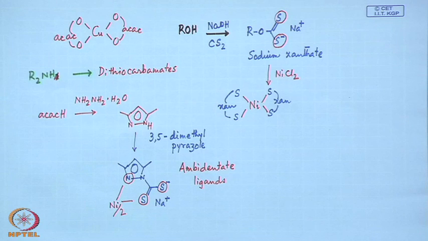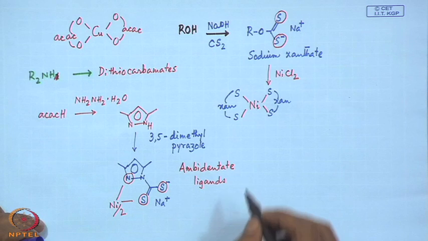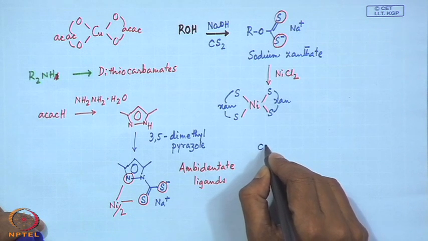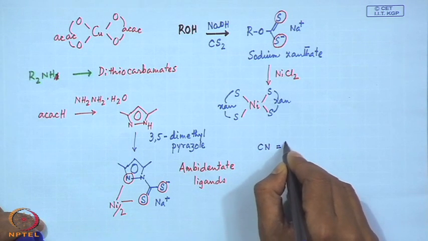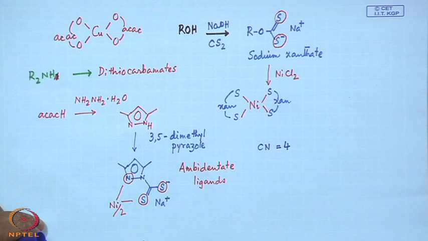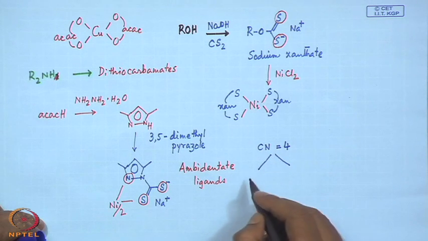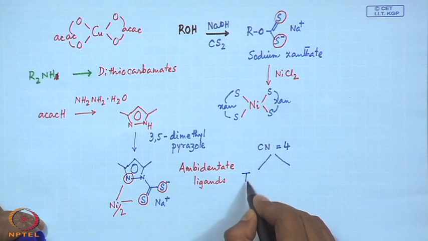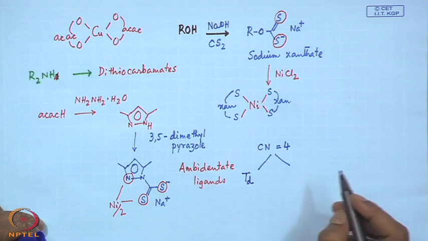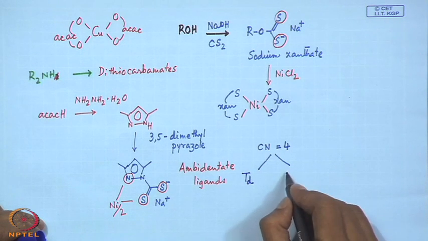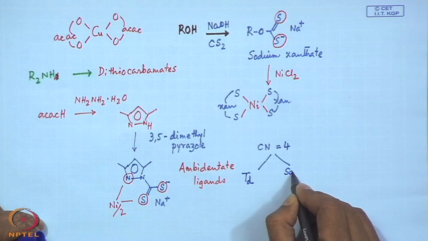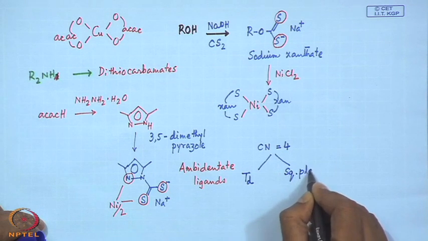Nickel will be attached to it, and two of these will attach to the system. So, we will have a coordination number of 4 in our hand, and we have already seen that this coordination can give rise to a tetrahedral geometry and a square planar geometry.